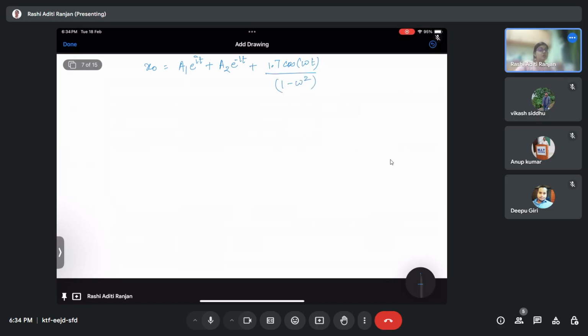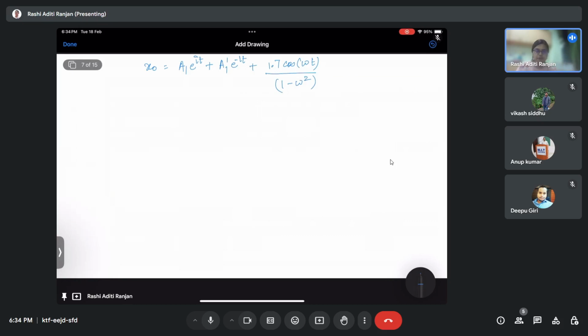What will I do? If you consider the first two terms, you will see that they are already each other's complex conjugate, isn't it? e to the power iota t, e to the power minus iota t, right?